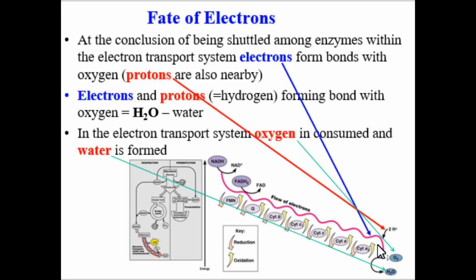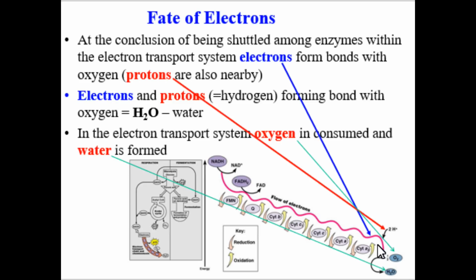But at the end of this process, you've got electrons and you've got protons. Now, where did those come from? They came from hydrogen. So if you combine those again, an electron and a proton, then the product is a hydrogen. So you have all these hydrogens that we've taken in as food. We saw how we got rid of the carbon and the oxygen in glucose, but not the hydrogen. This is what happens.